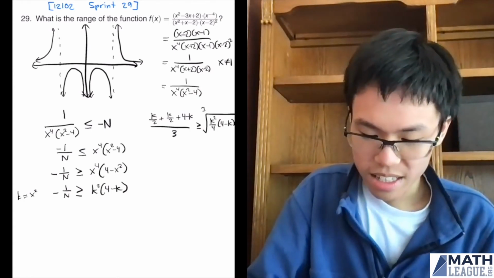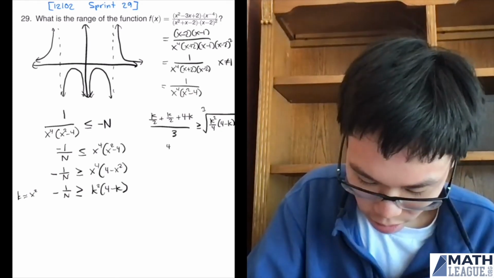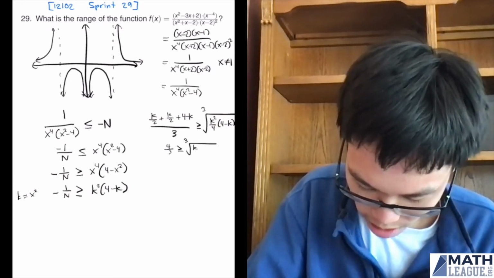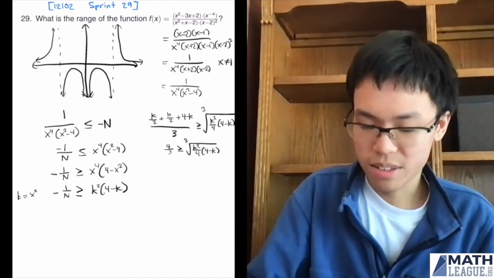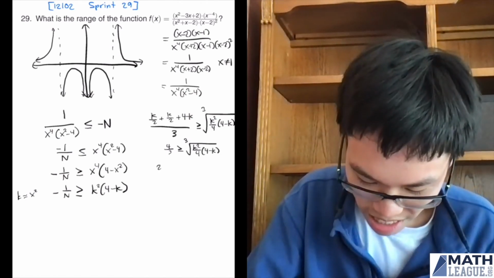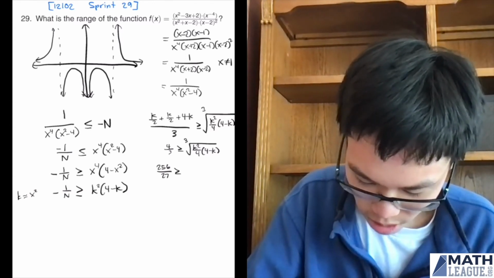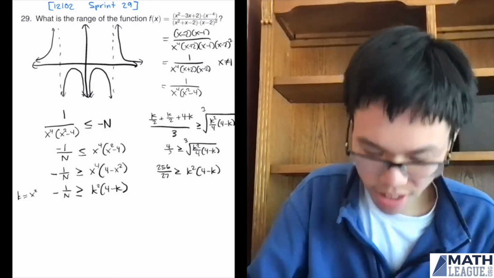All right, then we can do some simplification to get 4/3 is greater than or equal to the cube root of all that. And then we can do some even more rearranging to get 256 over 27 is greater than or equal to all that. Ooh, that's very useful.